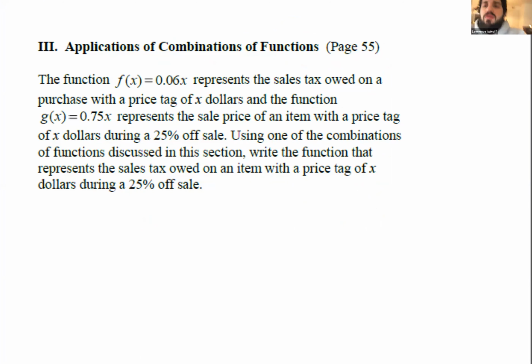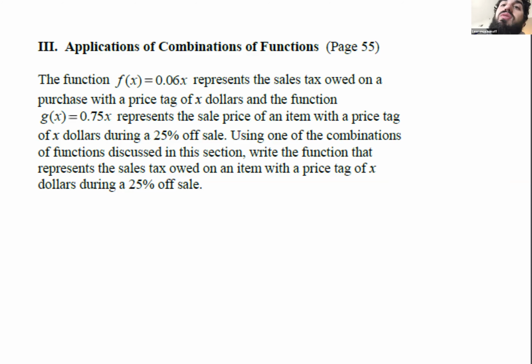If the function f of x equals 0.06x represents the sales tax owed on the purchase with a price tag of x dollars, and the function g of x equals 0.75x represents the sale price of an item with a price tag of x dollars on 25% off sale. Using one of the combinations of functions in this section, write the function that represents the sales tax owed after it's already 25% off.